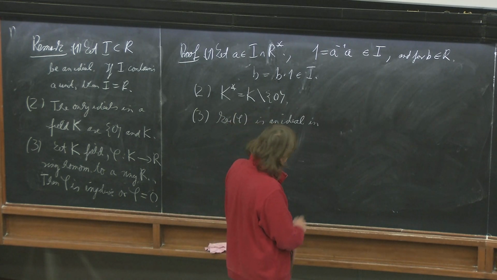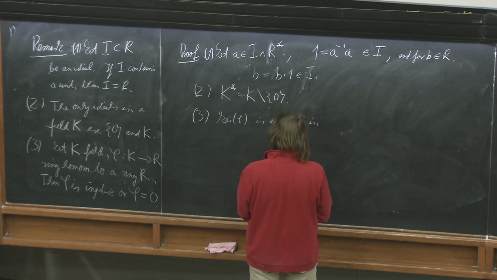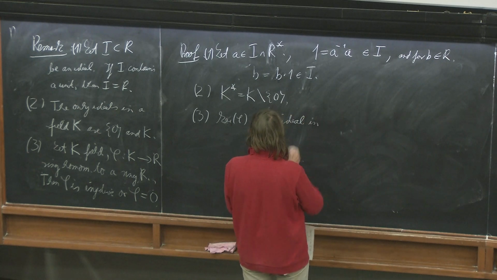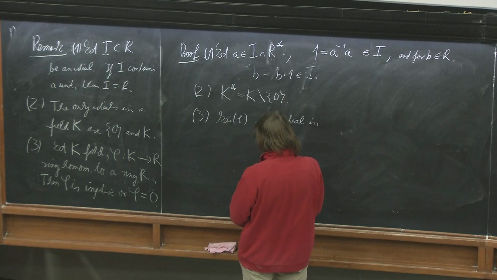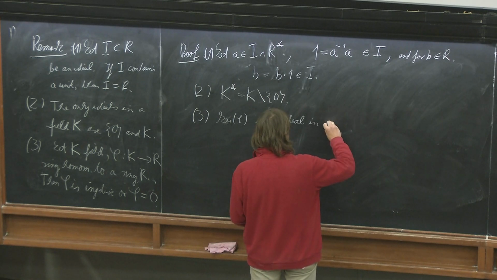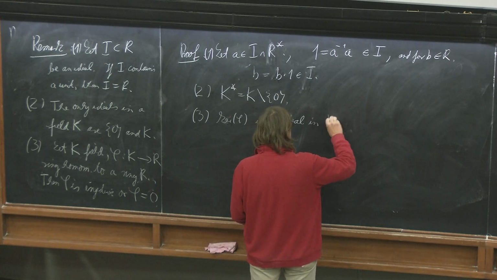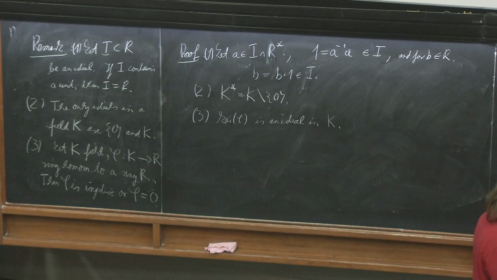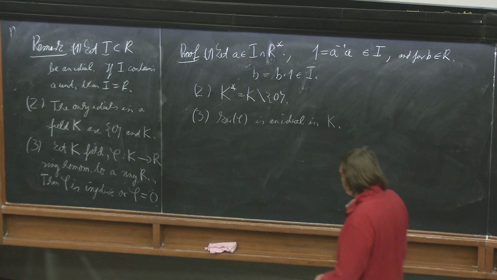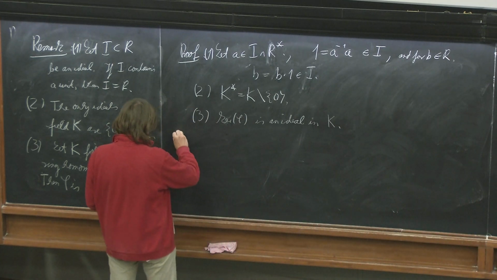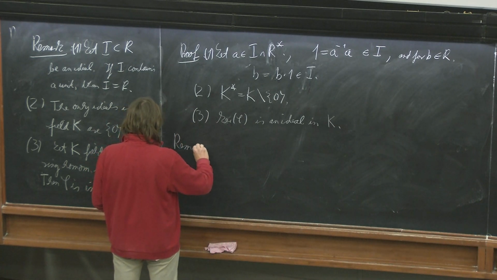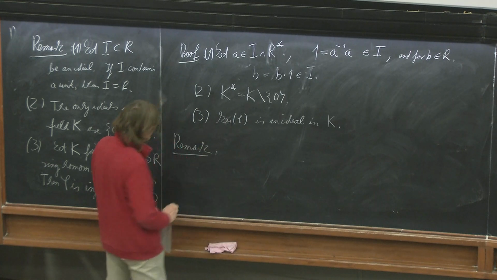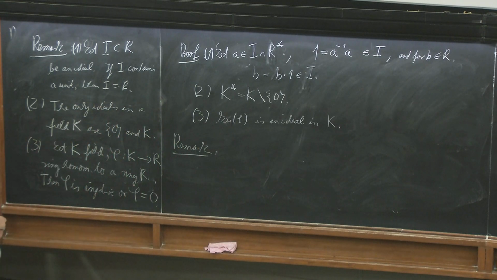I forgot to say that. I don't remember whether I said it, but it follows. I should have said it anyway. I say now the kernel of phi is an ideal in K. This is the remark I made when I introduced the kernel.